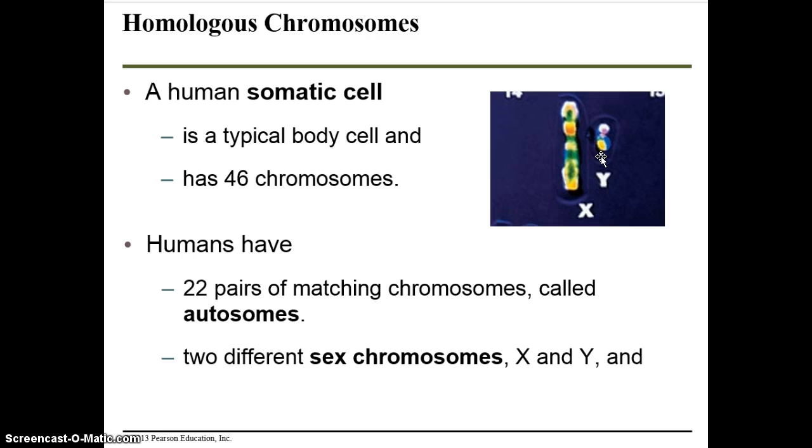If you recall, XX is female, XY is male. As you can see, there aren't a lot of genes on the Y chromosome, which makes sense because females don't get one, so you can't have genes that only half the population gets if those genes are important.